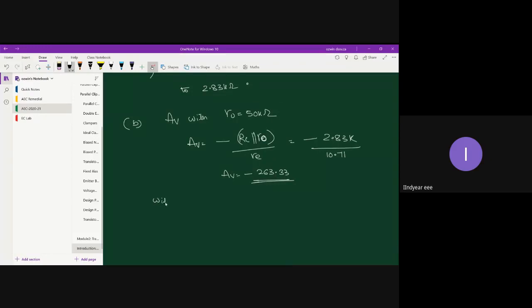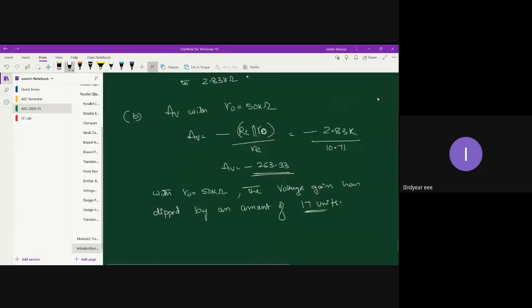So with R0 equal to 50 kilo ohm, the voltage gain has dipped or reduced by roughly 17 units. Why am I saying units? Because voltage gain is dimensionless. Okay, so this is the problem.